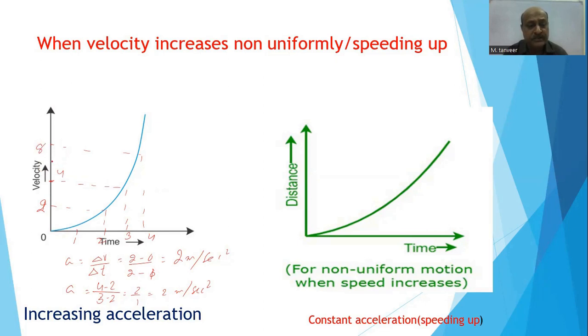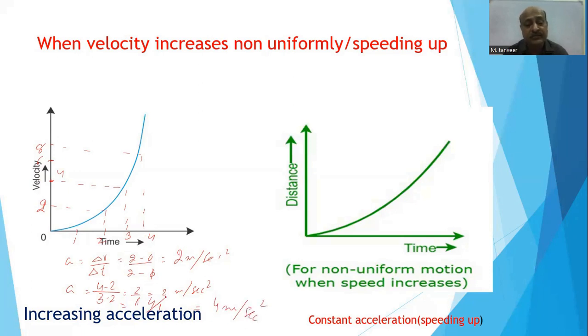So change in velocity is now 4 to 8. Change in velocity is 4, and change in time is 3 to 4, which is 1. So acceleration is 4 meters per second square.